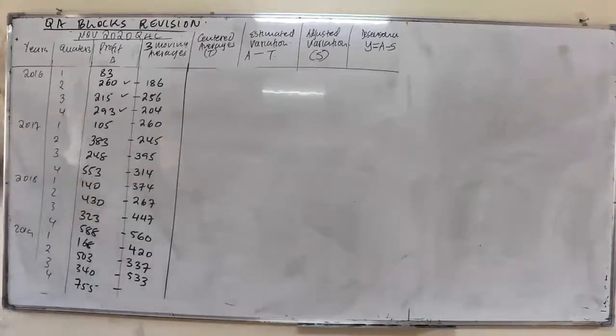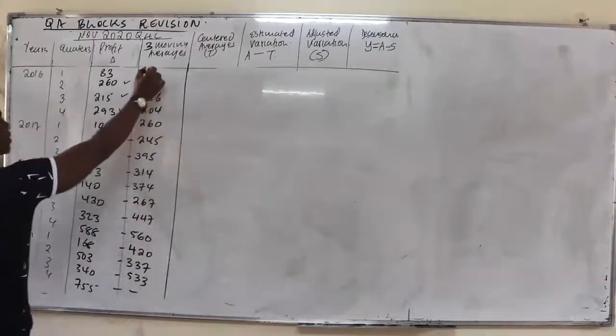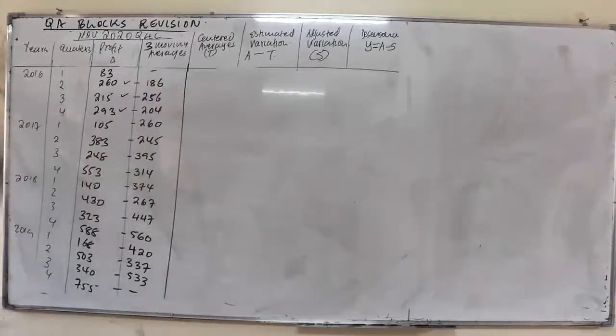And then the last one will be dash. And the first one still will be dash. That's how you're getting your 5 marks.